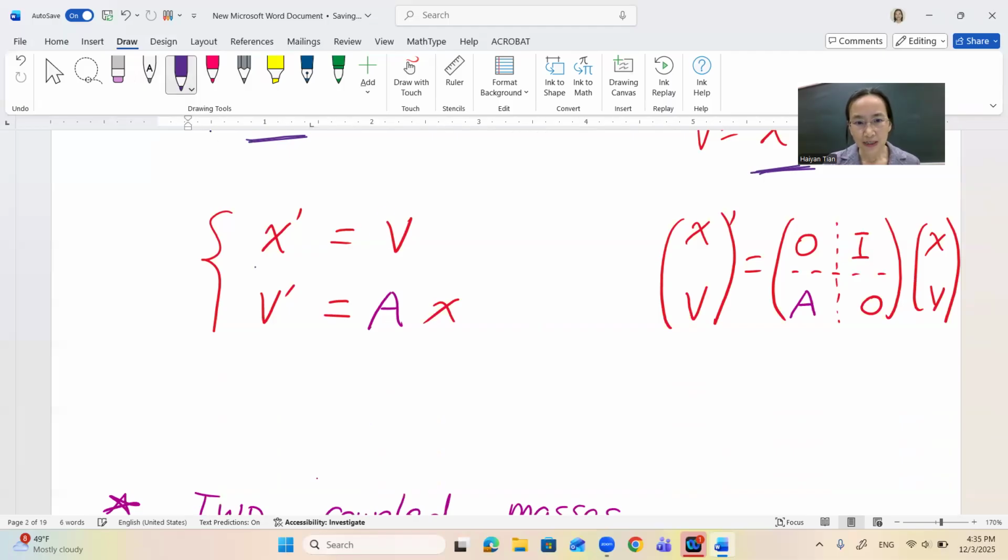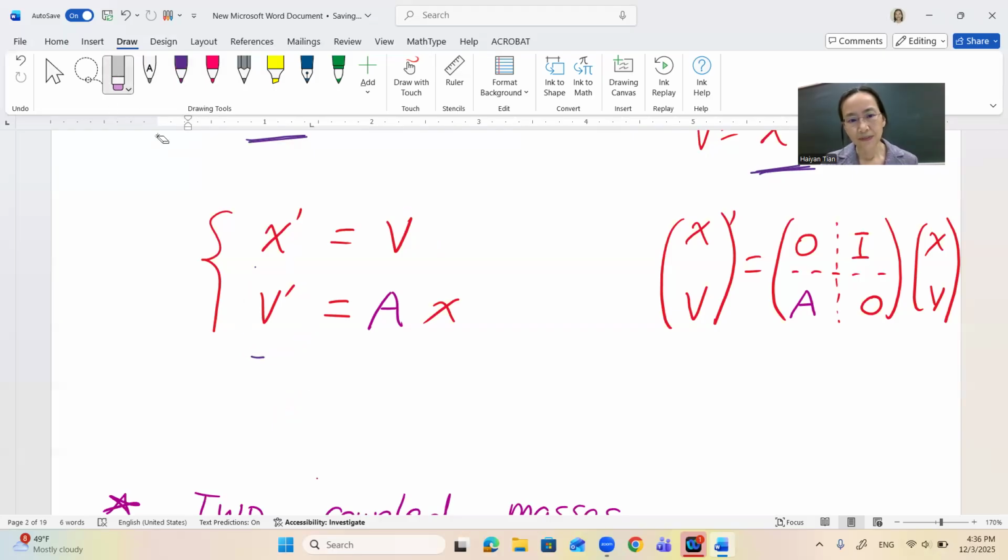By introducing a velocity vector, which is the first derivative of the displacement vector, the second order derivative of the displacement can be replaced as the first derivative of the velocity. Okay, so that is our original equation. Remember, that's x second derivative.